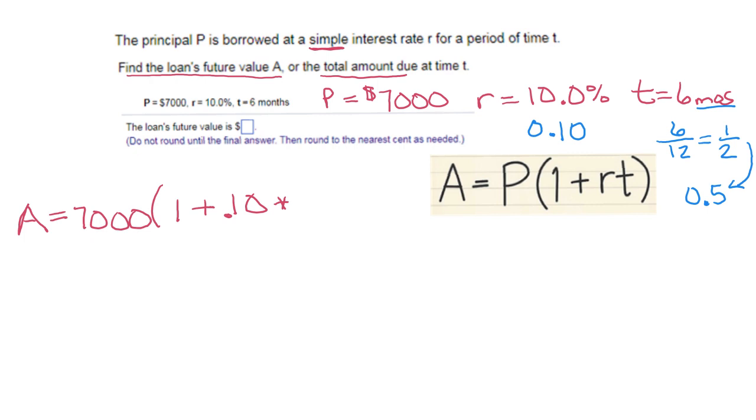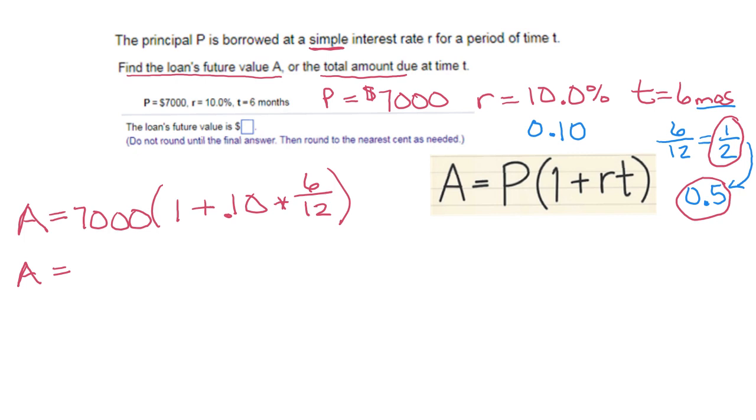And I would put the time in as 6/12, which reminds me that I did my conversion of the months. So that really is up to you how you want to do that. You could always insert the 1/2, or you can insert the 5/10 in for your time. And then when you place this all in your calculator, make sure you place your parentheses in there correctly, an open parenthesis and a closed parenthesis.